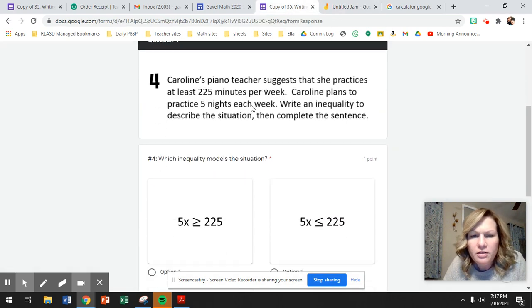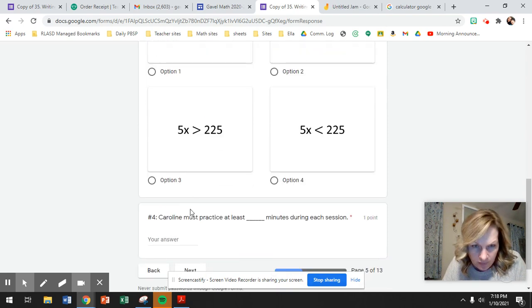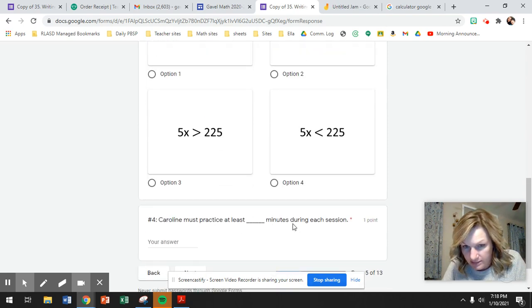Okay. Caroline's piano teacher suggests that she practice at least 225 minutes per week. So she can practice 225, but at least. She plans to practice 5 nights each week. Write an inequality to describe the situation, then complete the sentence. We want to know how many minutes she must practice at least each night.